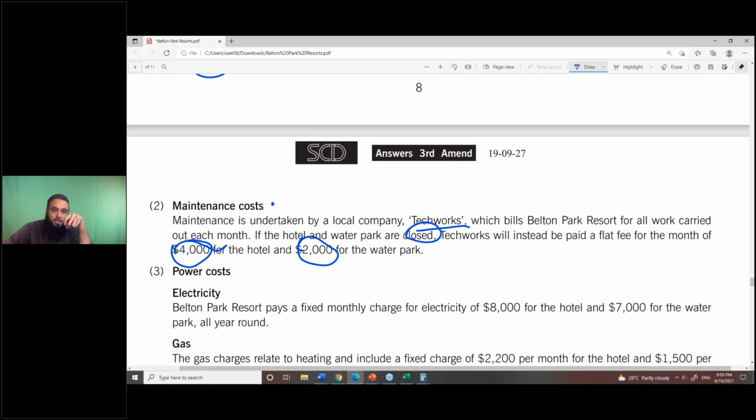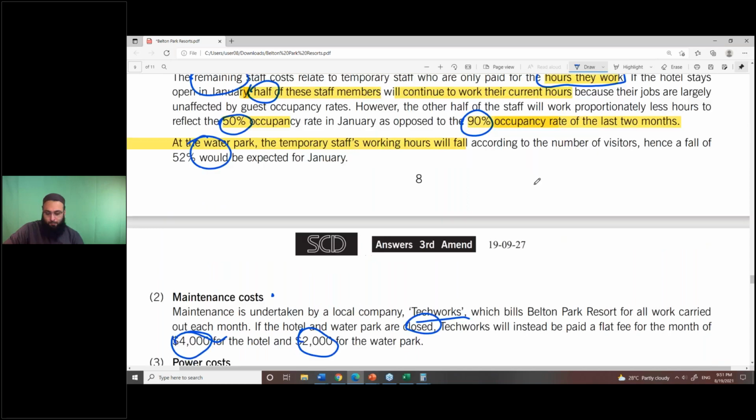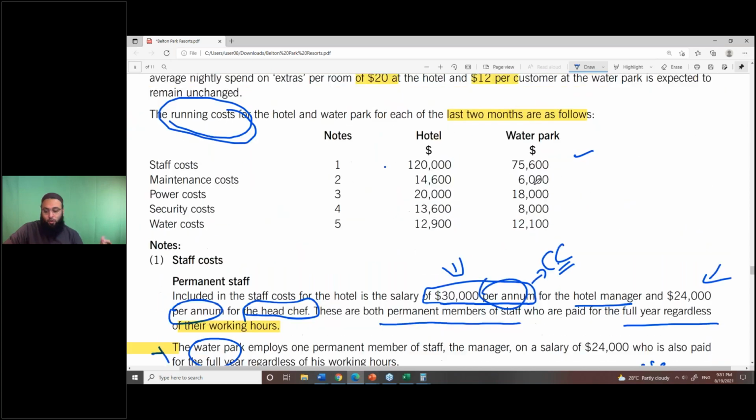So for us, hotel is important. Okay. So a flat fee we'll pay to Tech Work if we close it. And what if we don't close it? If we don't close it, we'll continue to pay the amount that we are paying right now. Right now we are paying 14,600. And if we discontinue, we still have to pay 4,000.